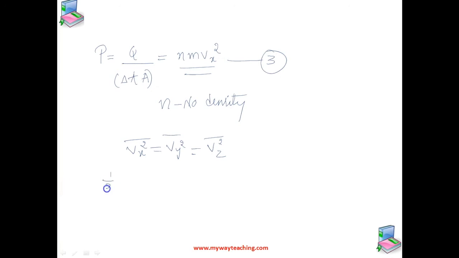So we get 1 by 3 of vx square plus vy square plus vz square, that is equal to 1 by 3 v bar square, where v is the speed and v bar square represents the mean of the squared speed.